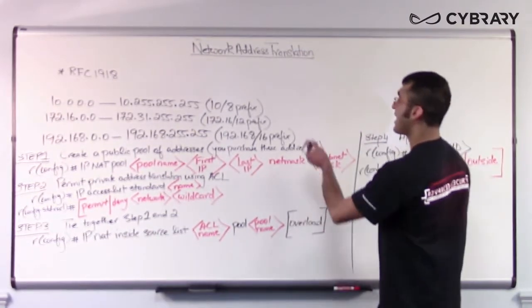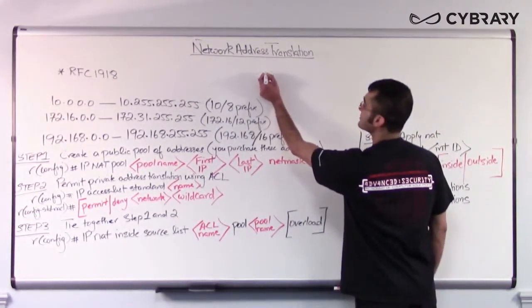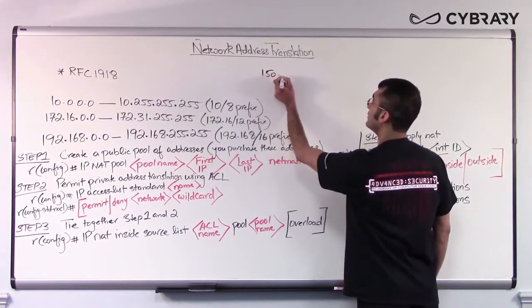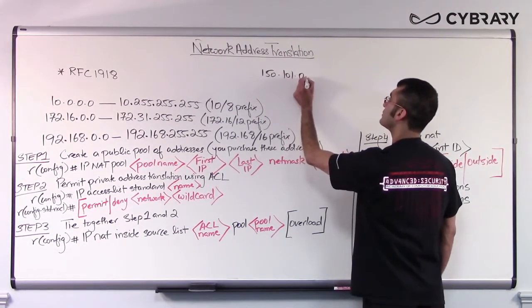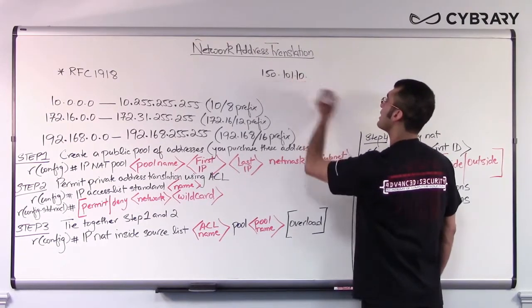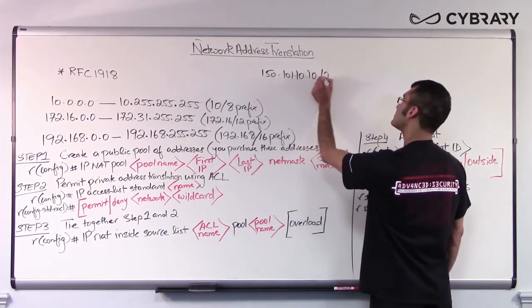So for example, let's say I have a classless network, 150.101.0.10/21.